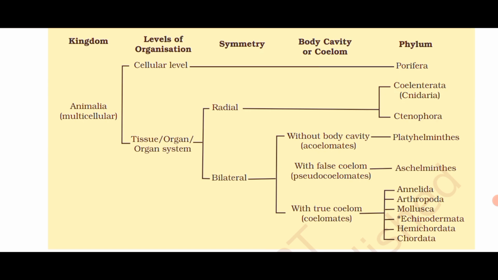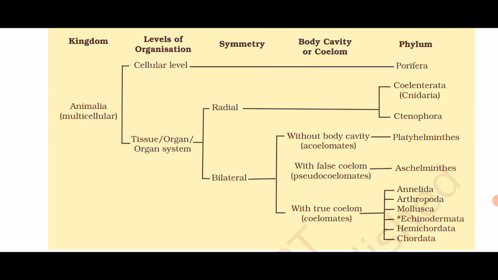Coelenterata has radial symmetry with tissue level of organization. Ctenophora has radial symmetry with organ level of organization. Platyhelminthes are without body cavity, that is acoelomates, with bilateral symmetry and organ system level of organization.